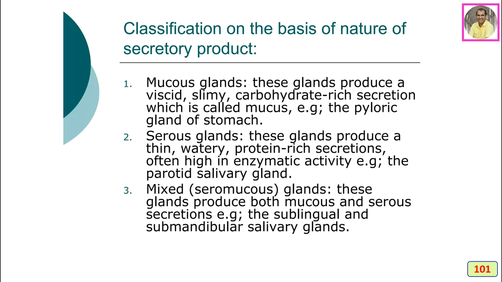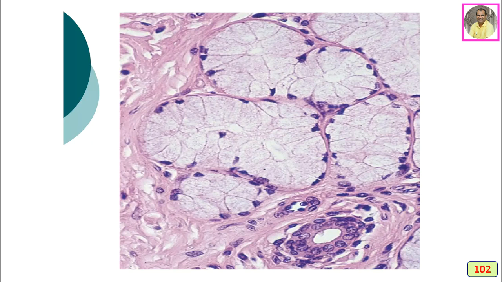There are many types of classification: serous glands, mucous glands, seromucous glands, etc. The sublingual and submandibular salivary glands are mixed, whereas the parotid salivary glands are serous, and the pyloric glands of the stomach are mucous glands. If you cut open this organ and do histological staining, the person examining it will identify such glands.